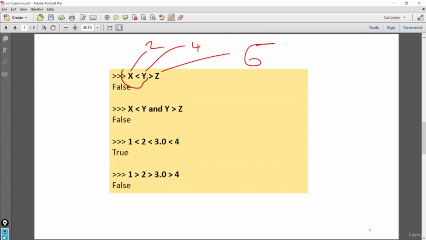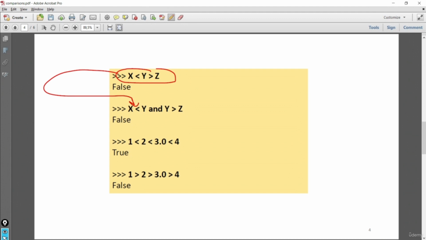So the first comparison is true, but the second comparison, y greater than z, it is false. And true and false gives us false. So as I just said, such a comparison equals to x smaller than y and y greater than z comparison.